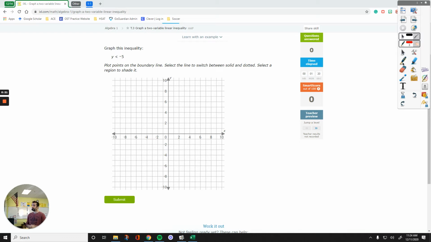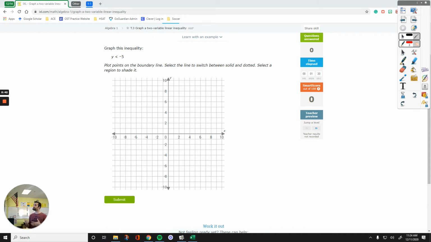This is one of the most problematic types of questions, when we have just one variable in an inequality, because many students think that they are going to graph a diagonal line, or they cannot decide whether it is supposed to be vertical or horizontal.